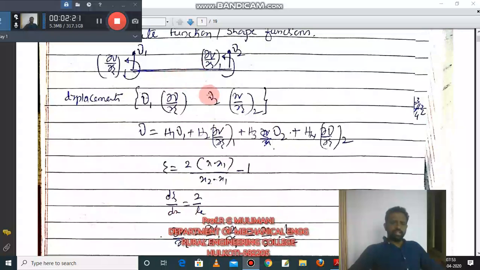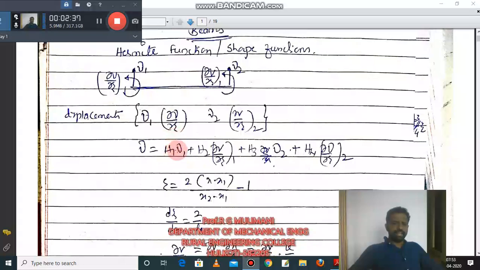Shape functions are used to find the displacement at any point with the help of nodal displacements. So this is the displacement at any point within the element. Here, instead of N1, N2, N3, N4, we use h1 for the beams, also called the Hermite shape functions.